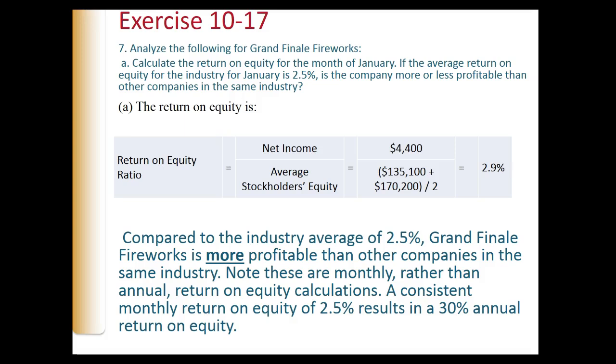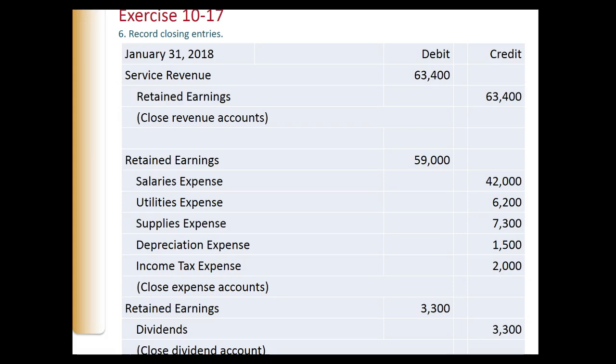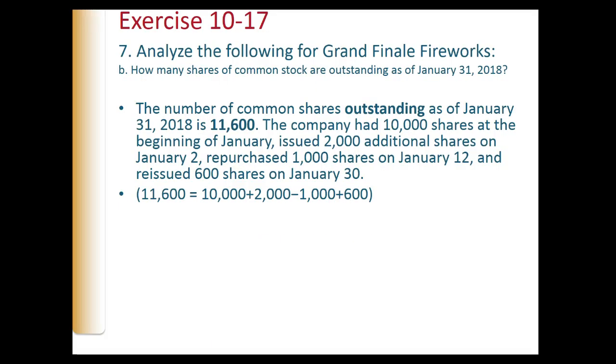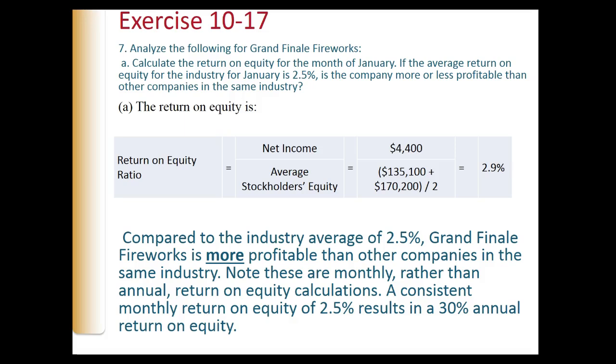Our ending stockholders' equity was 170,200. As you can see here, the common stock, the additional paid-in capital, the retained earnings minus the treasury stock gives us the 170,200. So you take the beginning and the ending stockholders' equity, divide that by 2 to come up with an average.